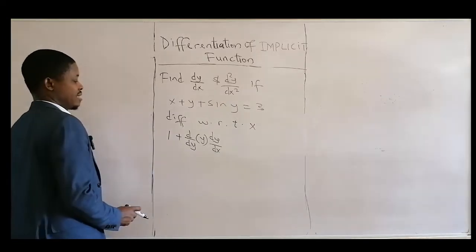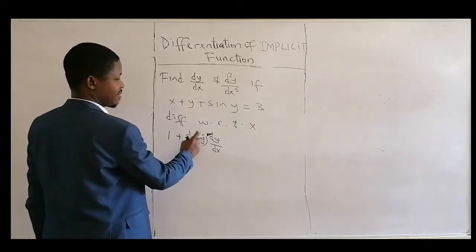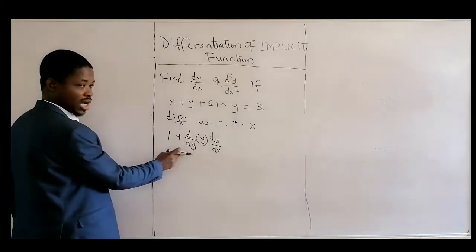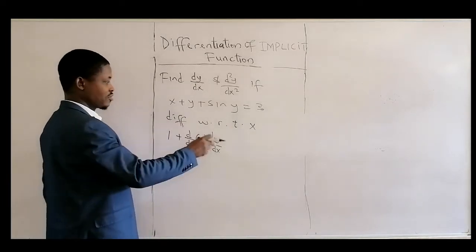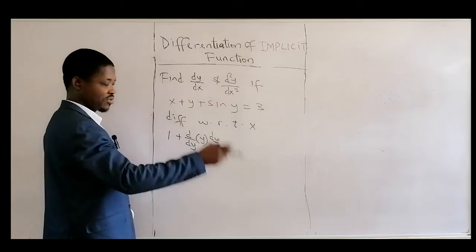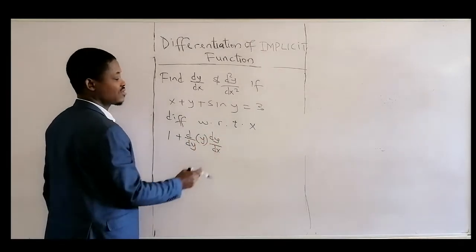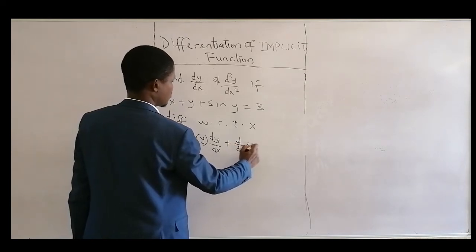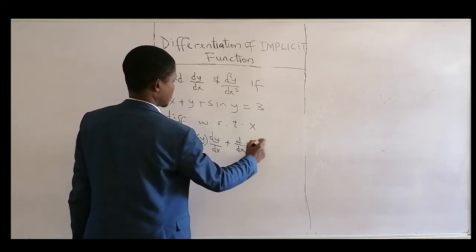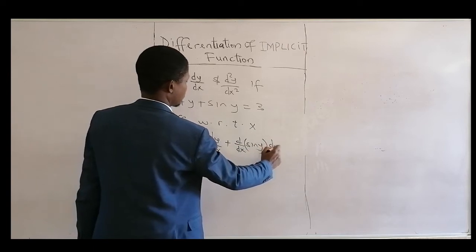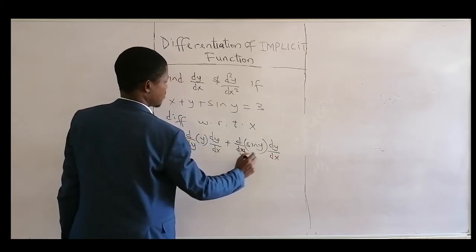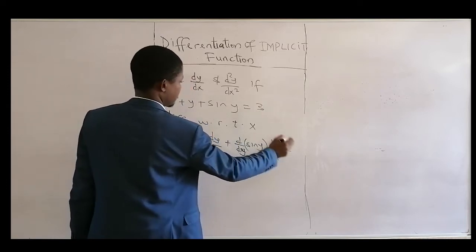Okay, y is a function of y, so that's what we're doing with respect to y, and at the same time it's also a function of x. We are differentiating with respect to x, so that will be dy/dx. So plus d/dx of sin y, which is cos y dy/dx. So the differential coefficient of 3 is 0.